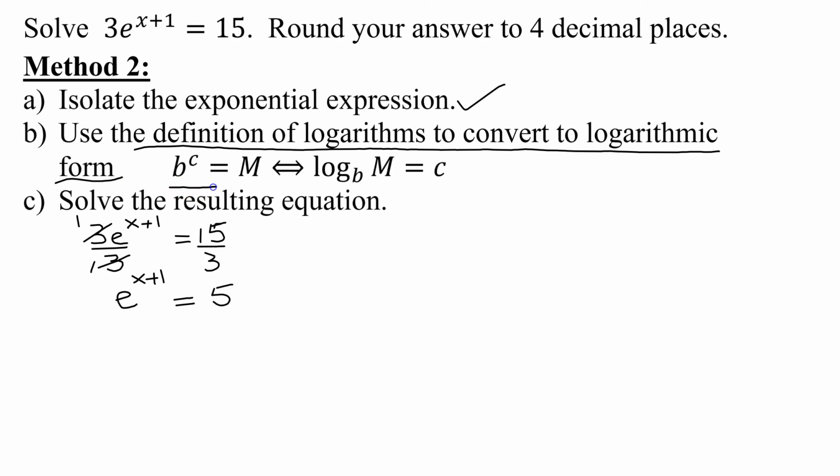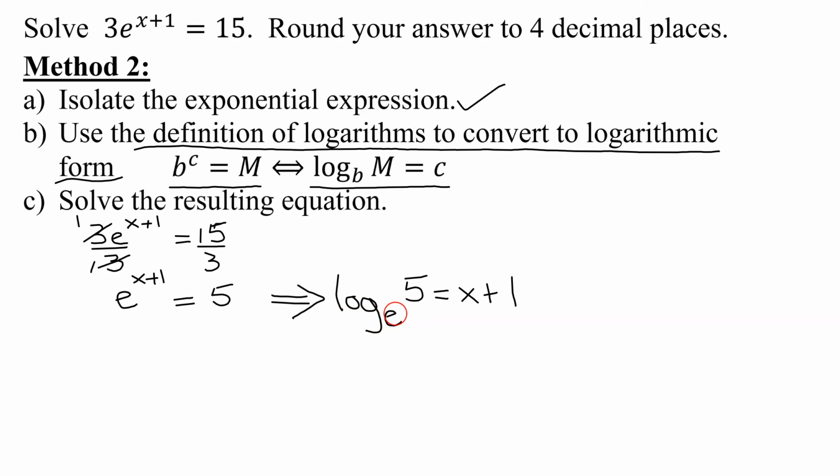That says this is the exponential expression, this is the logarithmic expression. So what is the logarithmic expression that is equivalent to this? Well, it's just log to the base e of 5 equals x plus 1.